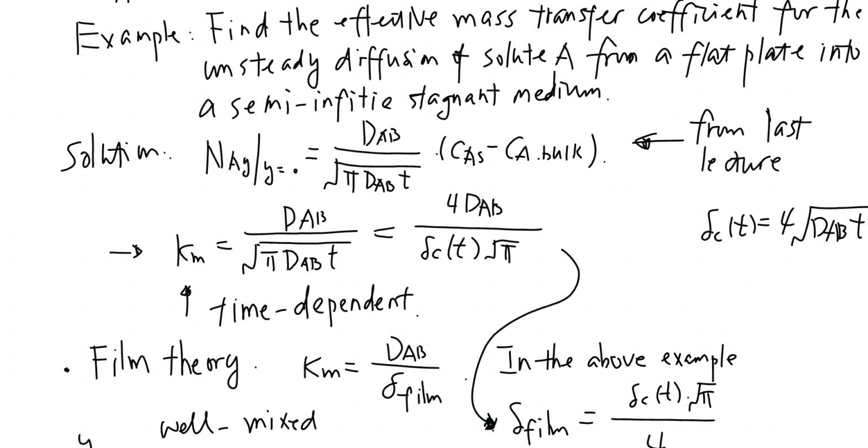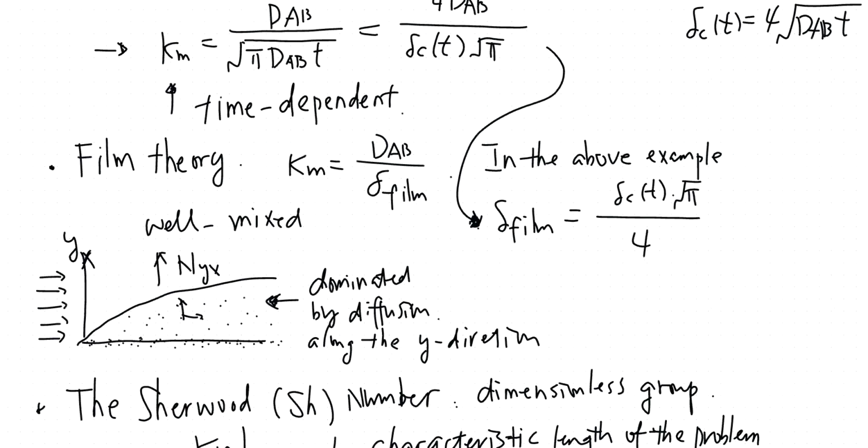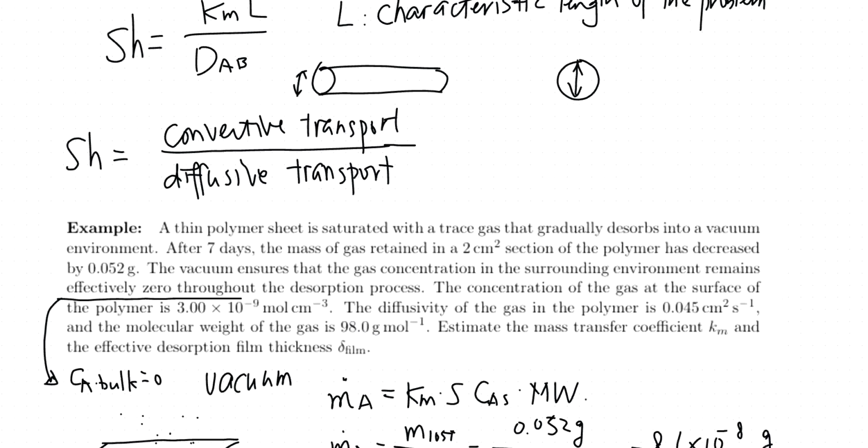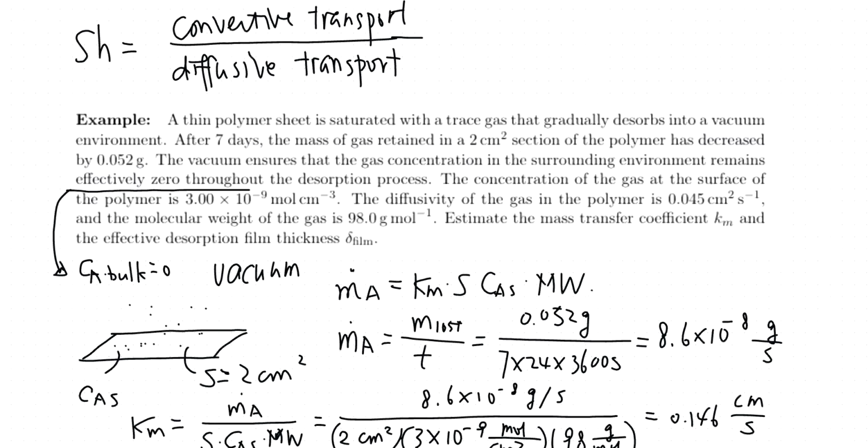Now we have a problem where the size is only 2 centimeters squared, and in this case the assumption of that classical problem is broken, so that's why we cannot use that equation. This is one reason.